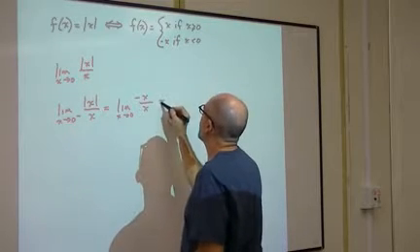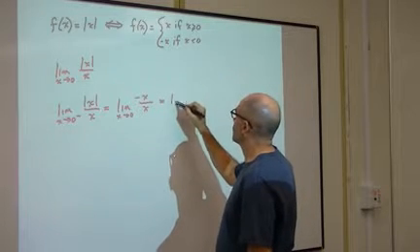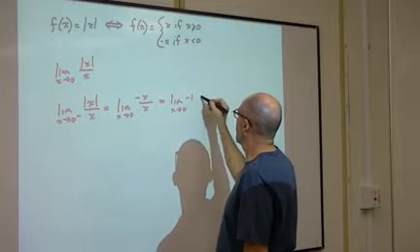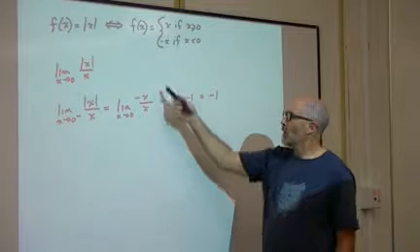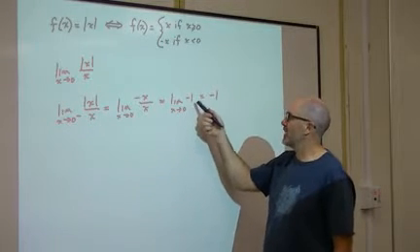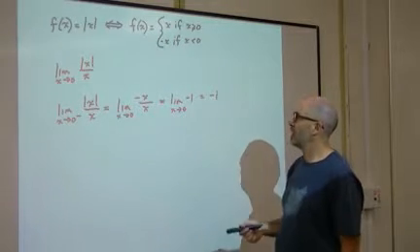Now we simplify this. Negative x over x is going to be negative 1. Notice, when I cancel this, now I have a constant. The limit as x approaches 0 of negative 1, well, the limit as x approaches anything of negative 1 is going to be negative 1.